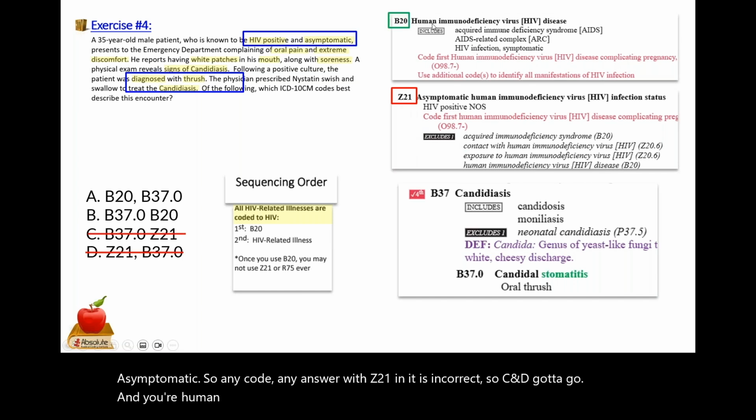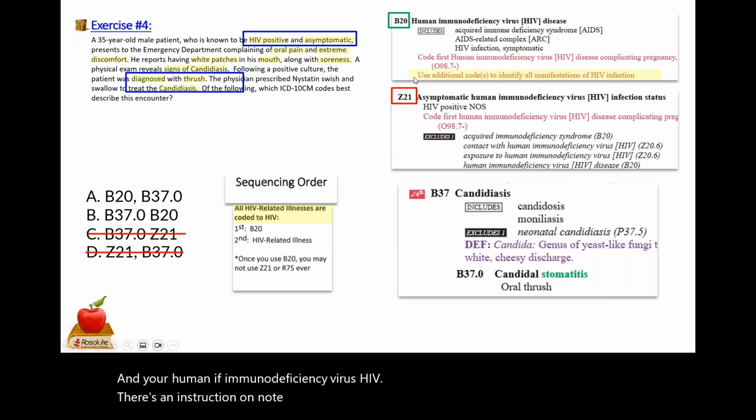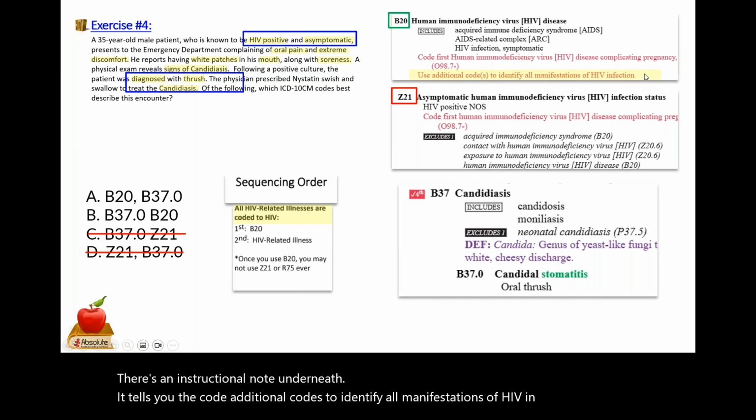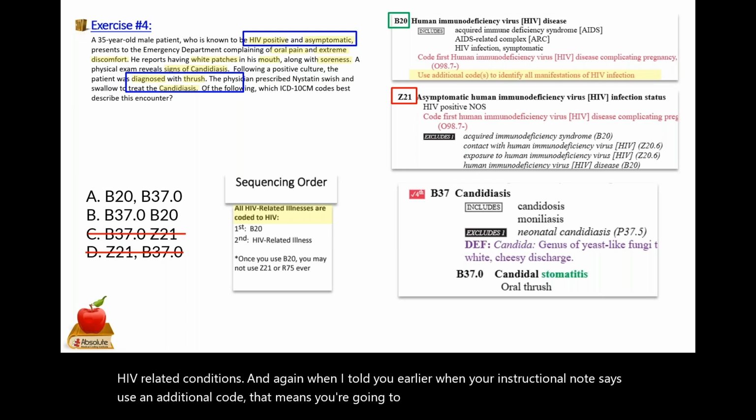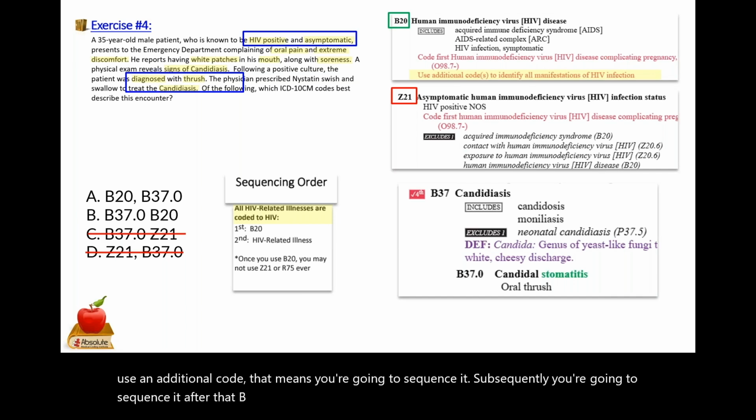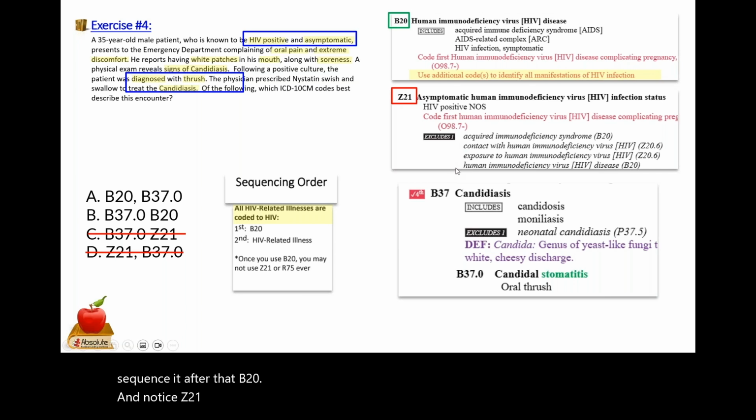And under human immunodeficiency virus, HIV, there's an instructional note underneath. It tells you to code additional codes to identify all manifestations of HIV. In other words, all HIV-related conditions. And again, when your instructional note says use an additional code, that means you're going to sequence it subsequently, after that B20. And notice, Z21 does not have that note.